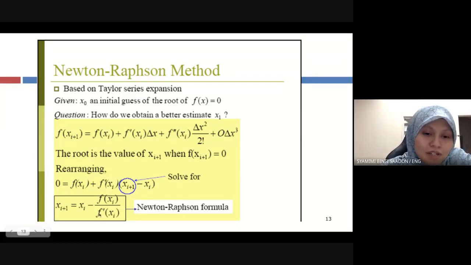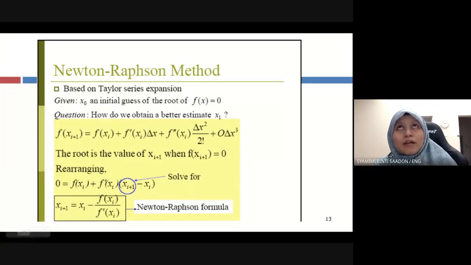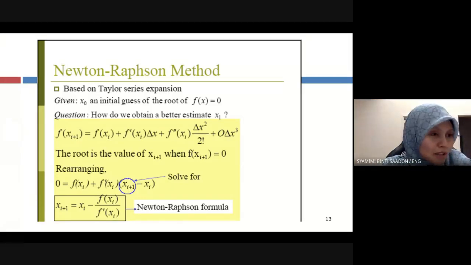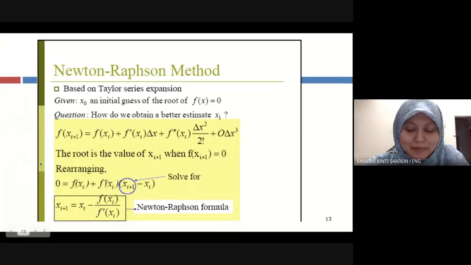So the derivative f prime of x is minus exponential minus x, minus 1.